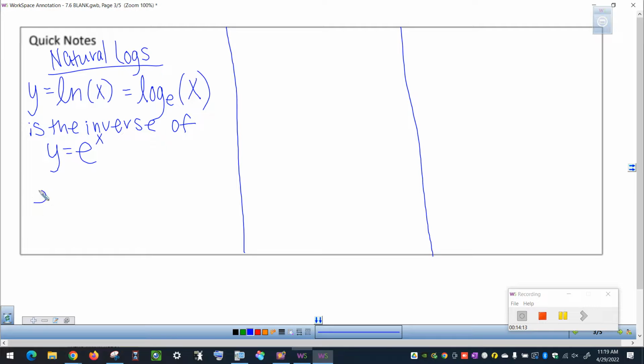All right, and then we also saw that e is just the number, it's about 2.7183. It's just a number kind of like pi. So we would say pi is about 3.14. e is about 2.7183.